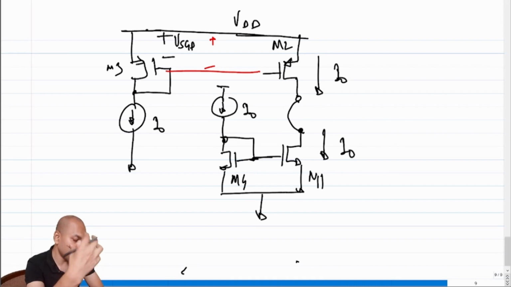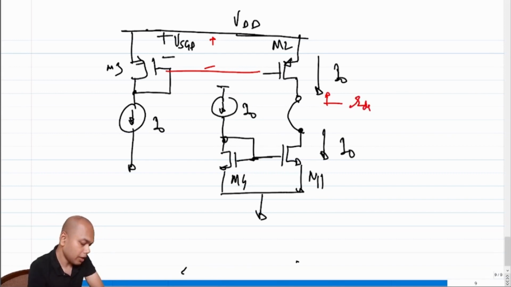So the current through M2 is I naught, and the current through M1 is also I naught. These two are matched. As long as we can ensure that M1 and M2 are in saturation, then the incremental looking-in impedance into the drain of M2 is RDSP, and at the drain of M1 is RDSN.